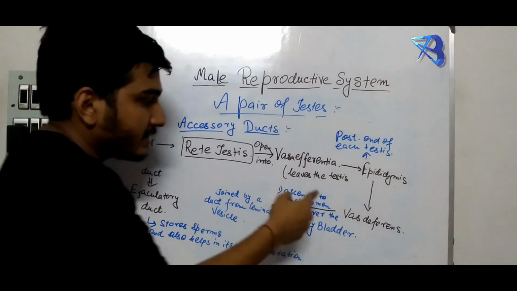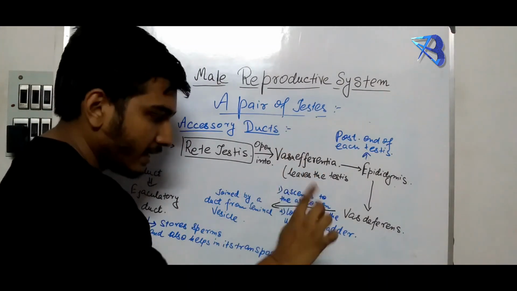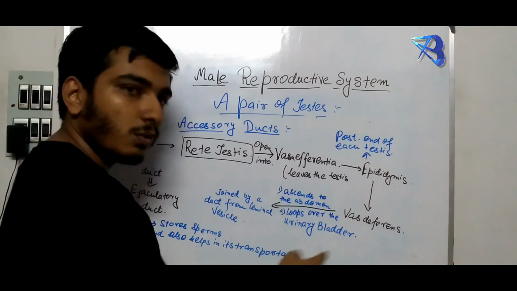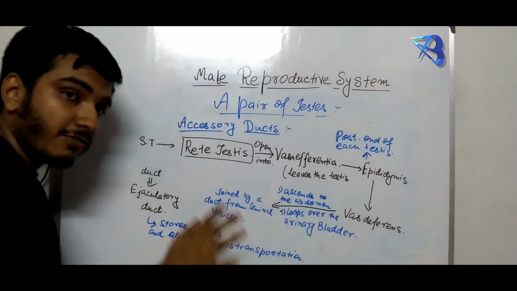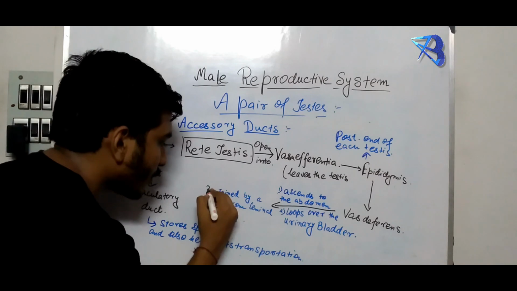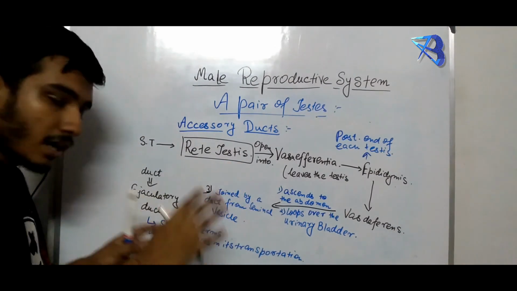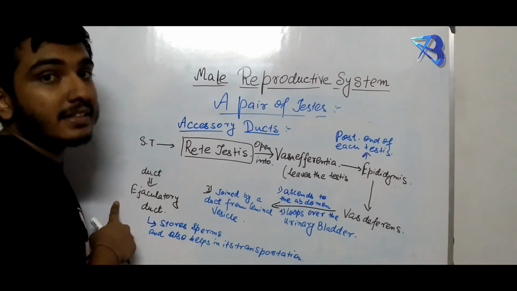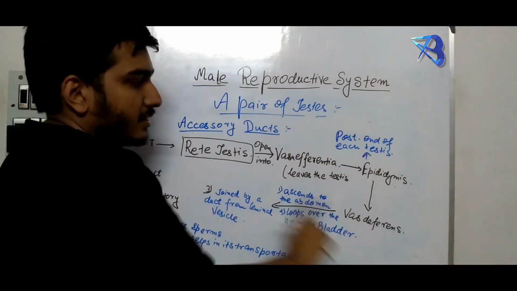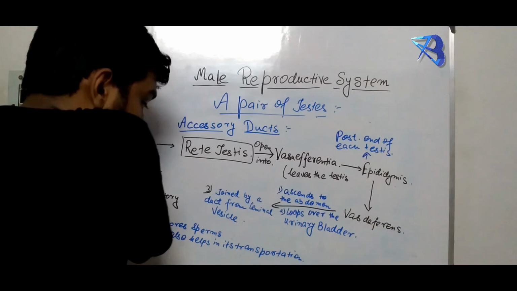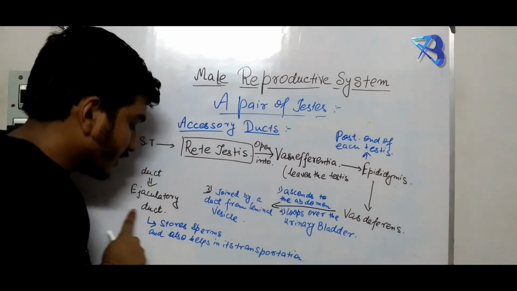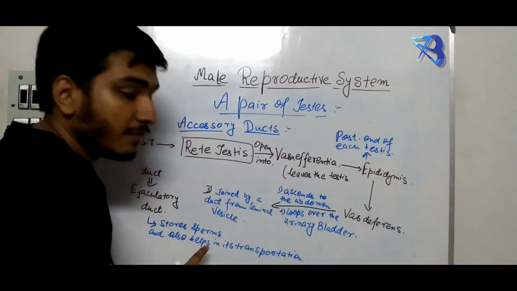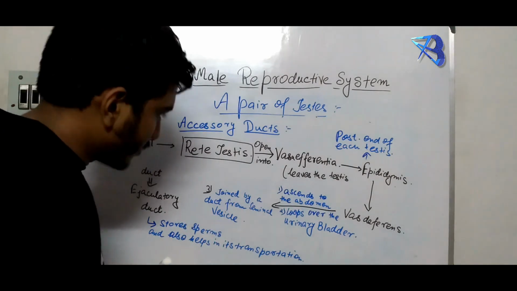The vas deferens then ascends to the abdomen and loops over the urinary bladder, and finally, this is point number 3, it is joined by a duct from the seminal vesicle, which together forms the ejaculatory duct. This sequence is very important. What is the function of the ejaculatory duct? It stores sperms and also helps in their transportation.